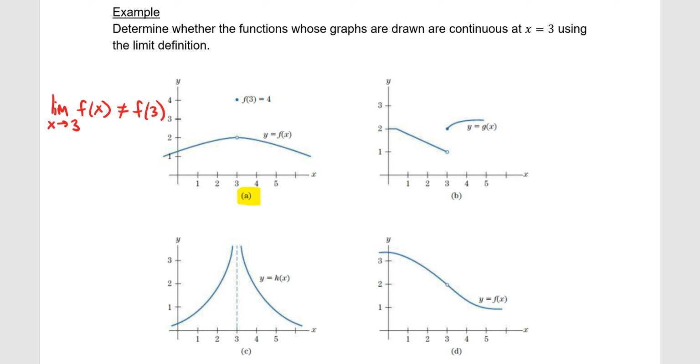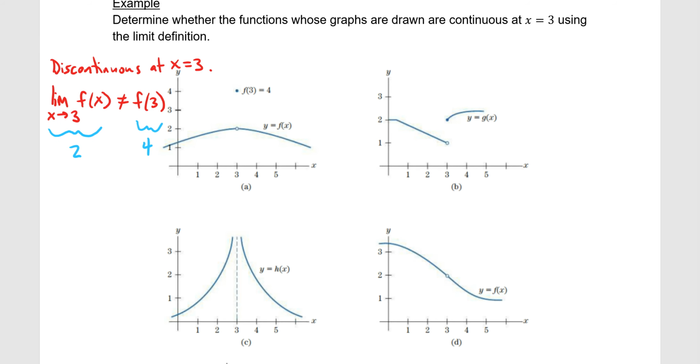But using the limit definition, the limit as x approaches 3 of f of x does not equal f of 3. The limit as x approaches 3 seems to be 2, and f of 3 is 4, which is written out there for us. These are not the same, so it is not continuous at x equals 3.